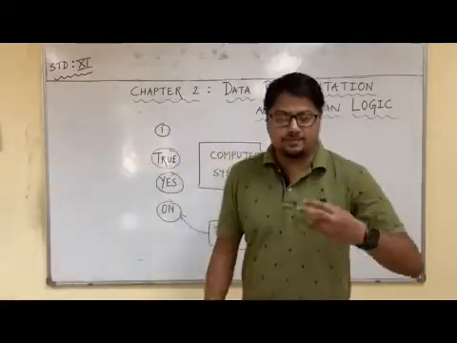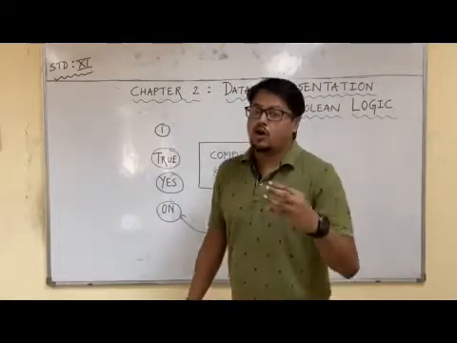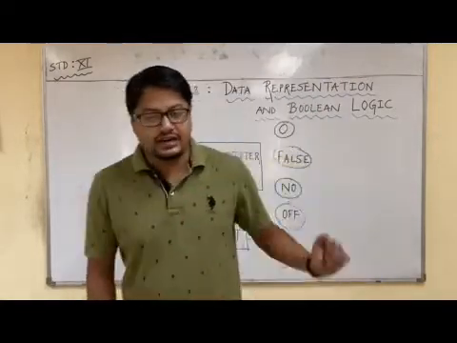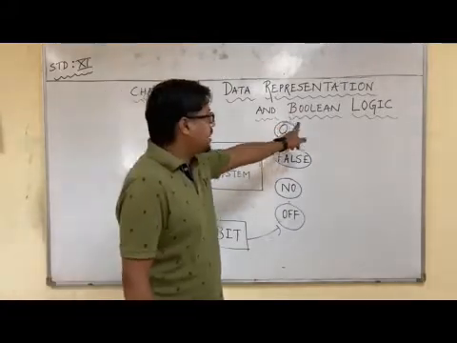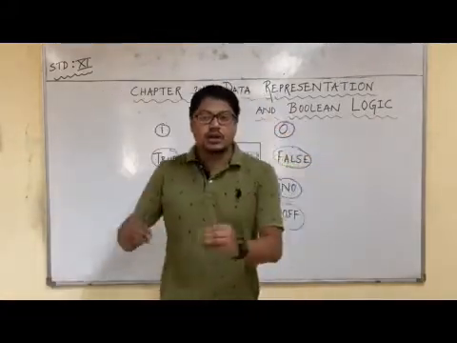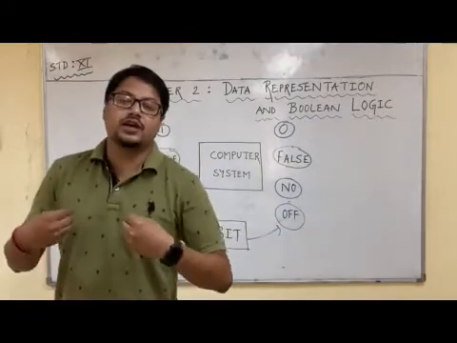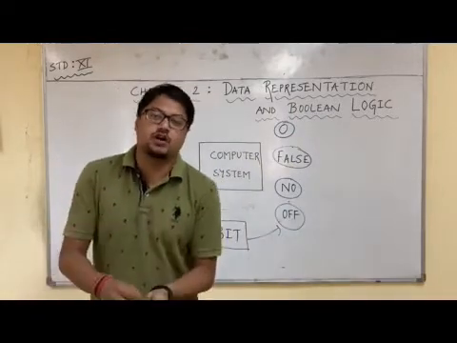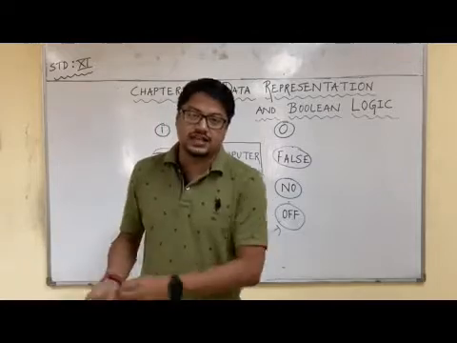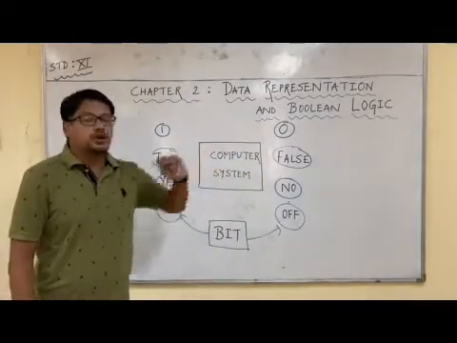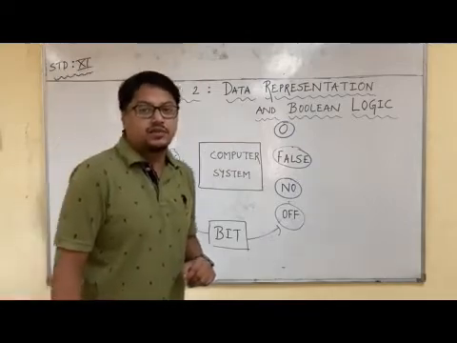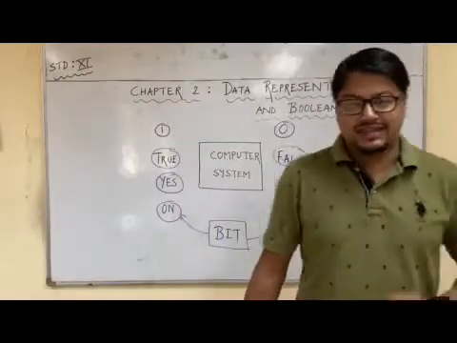Major techniques are binary, decimal, octal and hexadecimal, that we will see, and Boolean logic. Now what is the meaning of Boolean logic? Boolean logic means the logic that is based on either true or false, that is 0 and 1. Finally we will see about Boolean logic gates, and we will see some numericals based on that.